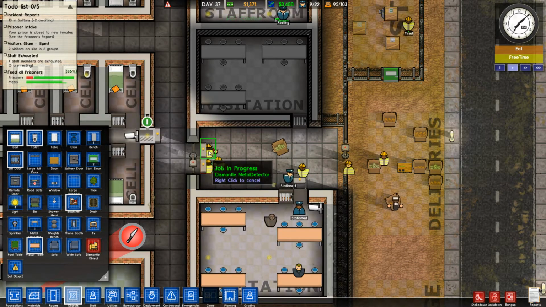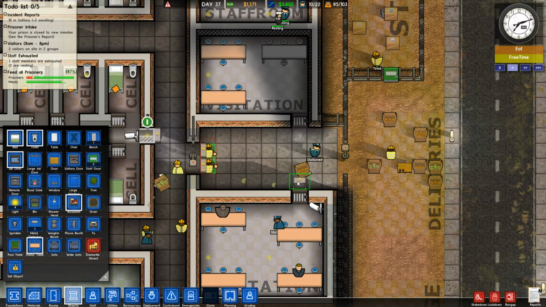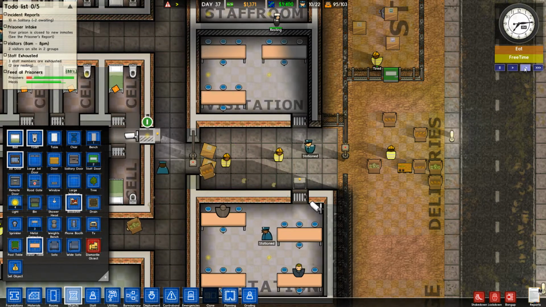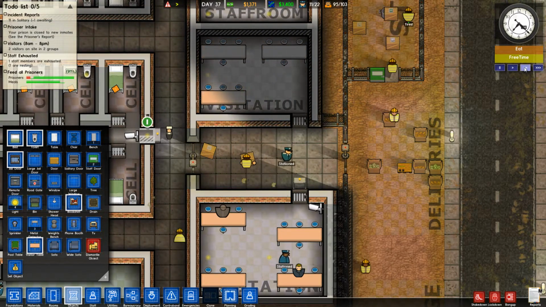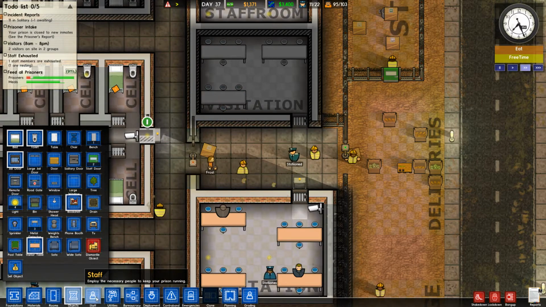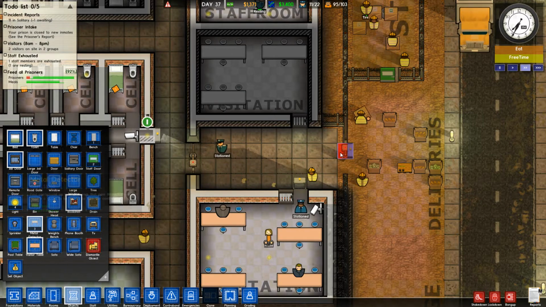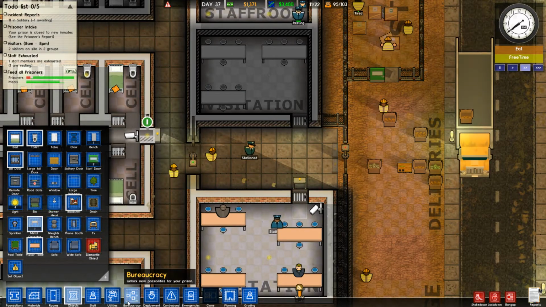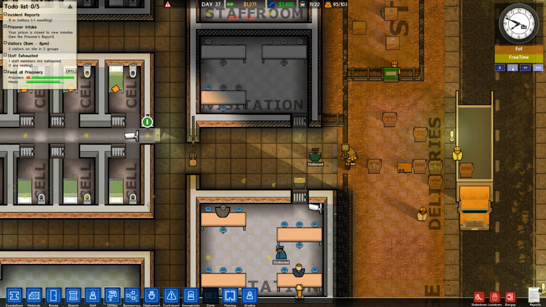Objects, metal detectors, they're being disassembled here. Now I know that for a very short amount of time this is going to cause a gap in my prison defenses. Like that, and then... oh, they should already be hooked up.